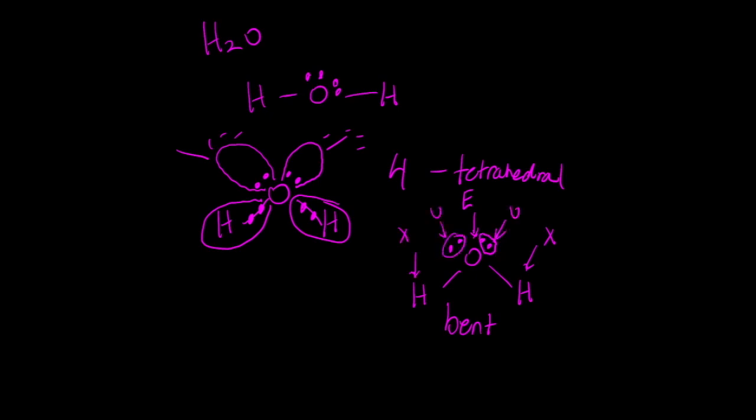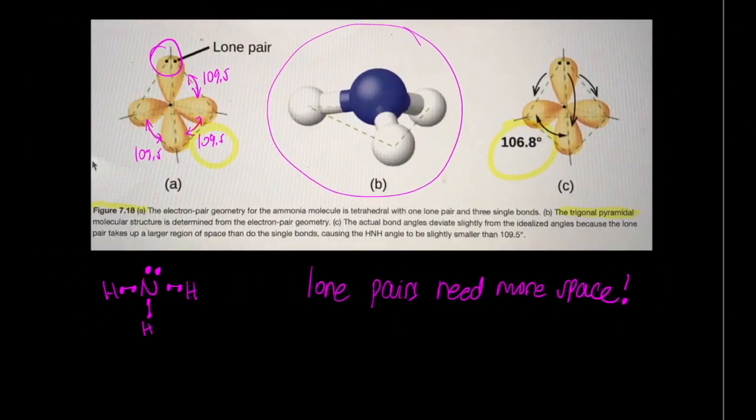U stands for unshared electron pairs. This would be EX2U2, so any formula that falls into that category with 2 lone pairs, 2 groups, is going to be bent.